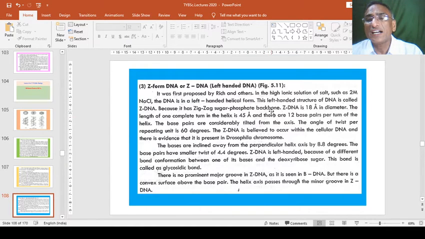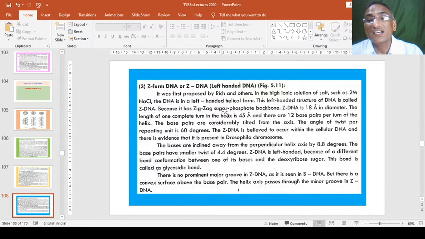In a high ionic solution of salt, such as 2 molar NaCl, the DNA is in a left-handed helical form. This left-handed structure of DNA is called Z-DNA because it has a zigzag sugar phosphate backbone.